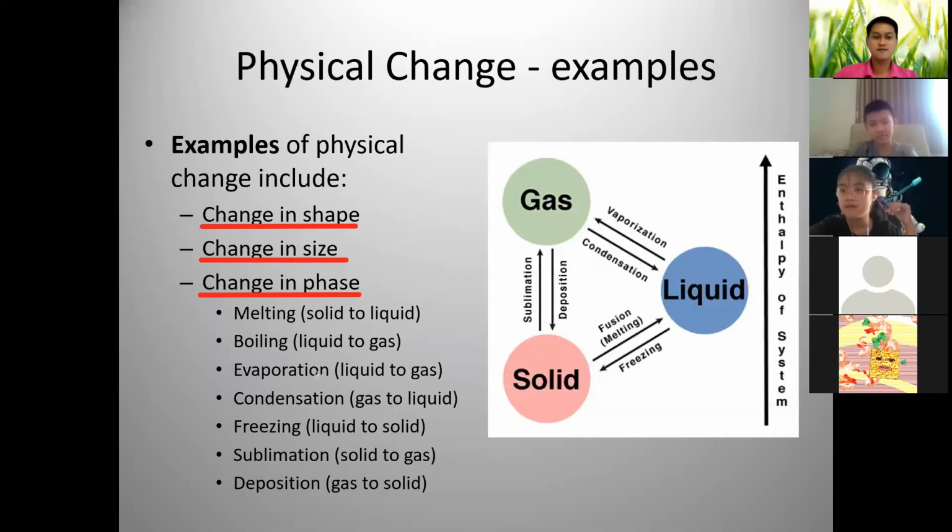Very good. How about evaporation? It's also from liquid to gas. Evaporation is the process where a liquid changes into gas. This process can be hastened by heating.